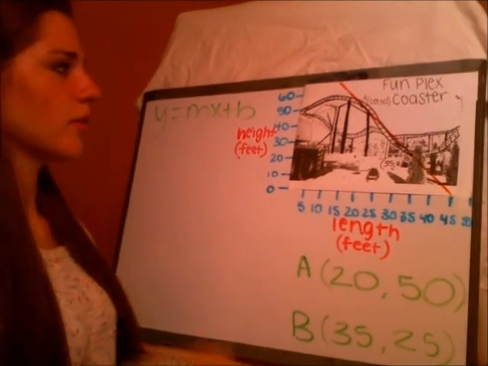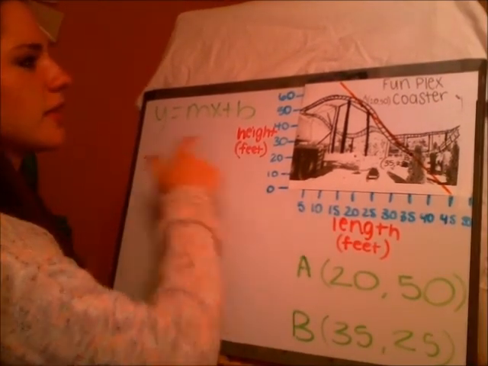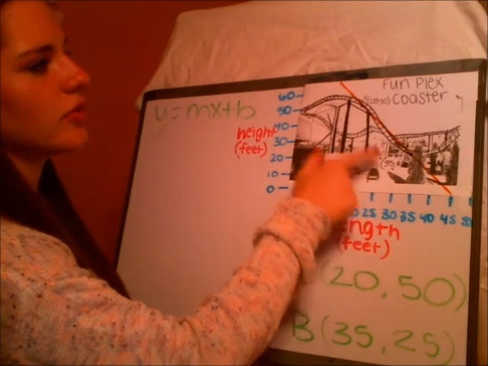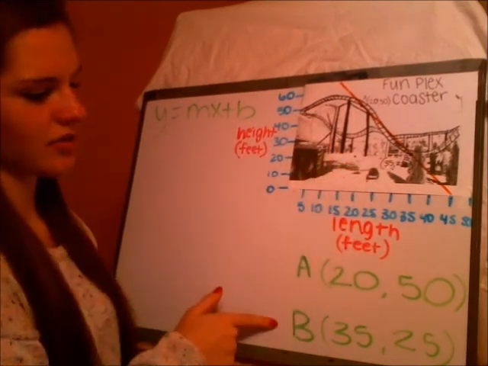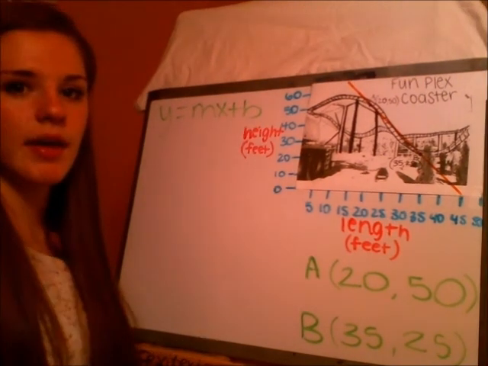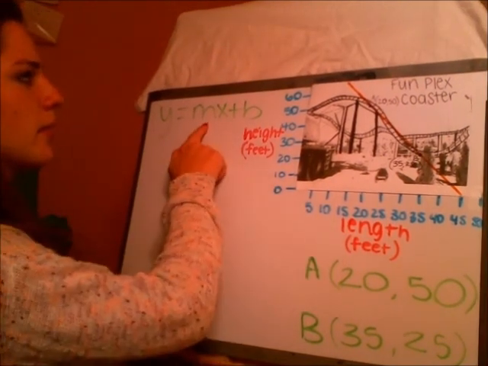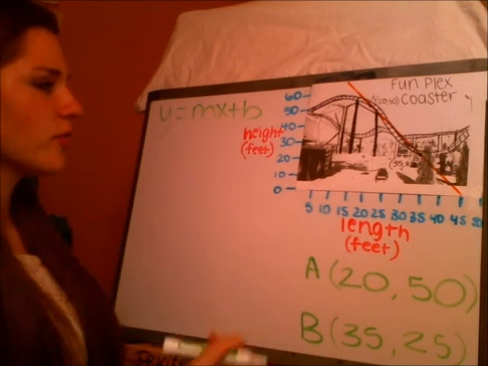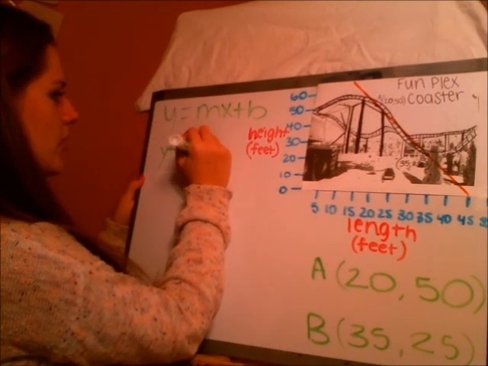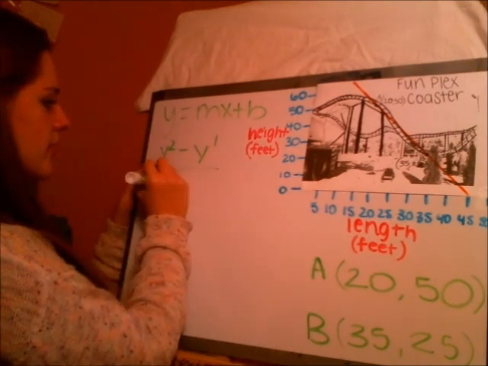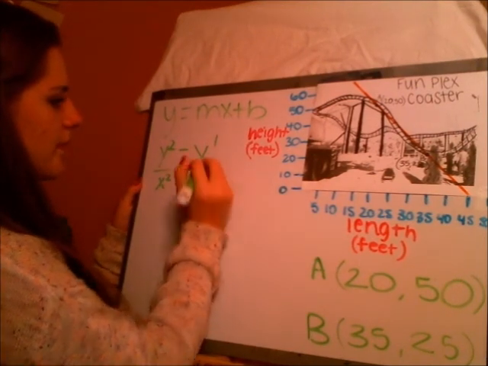The first thing you need to do is find your x and y coordinates. Here I plotted 2 points on the line, where a is (20, 50) and b is (35, 25). The next thing you need to find is m, the slope, using the slope formula, y2 minus y1 over x2 minus x1.